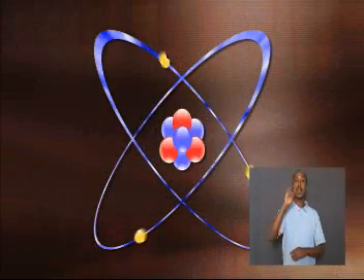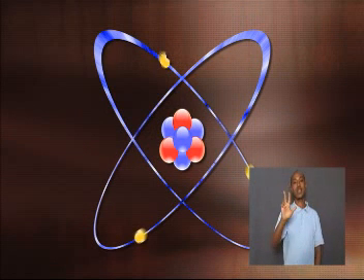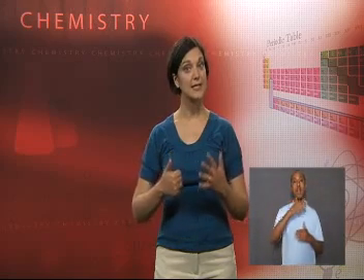Lithium, for example, has an atomic number of 3. It has 2 orbital levels and 3 electrons. Carbon has an atomic number of 6. It has 2 orbital levels and 6 electrons.